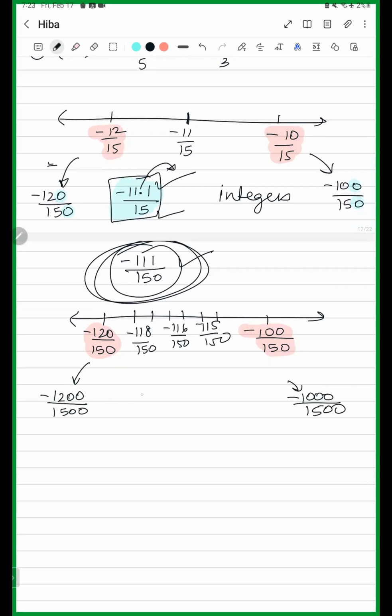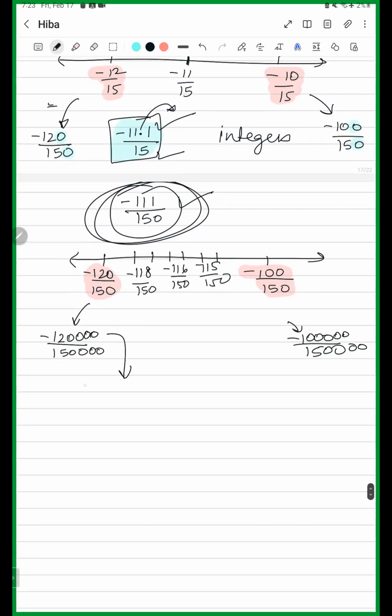How many can I find? I can find 200. Or if I write it like this, now how many can I find between them? 2000. The more zeros I keep adding, the number of numbers that I can find between them will keep on increasing.